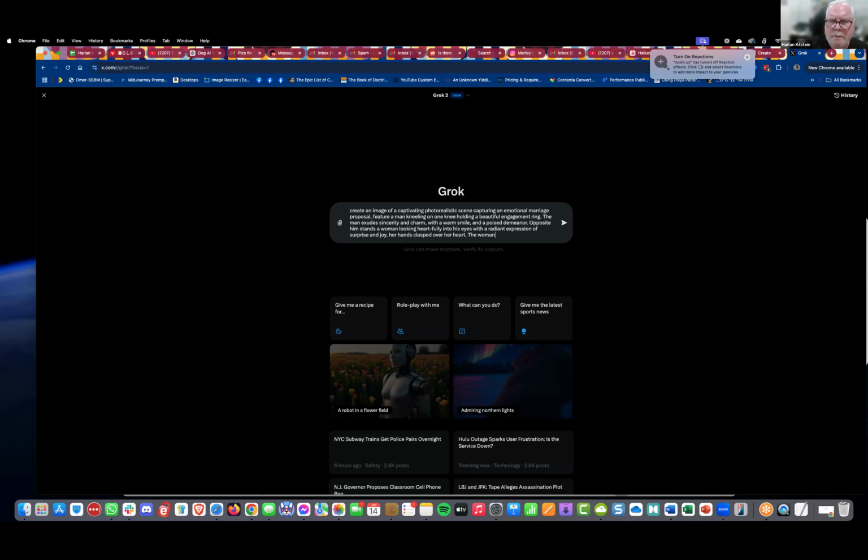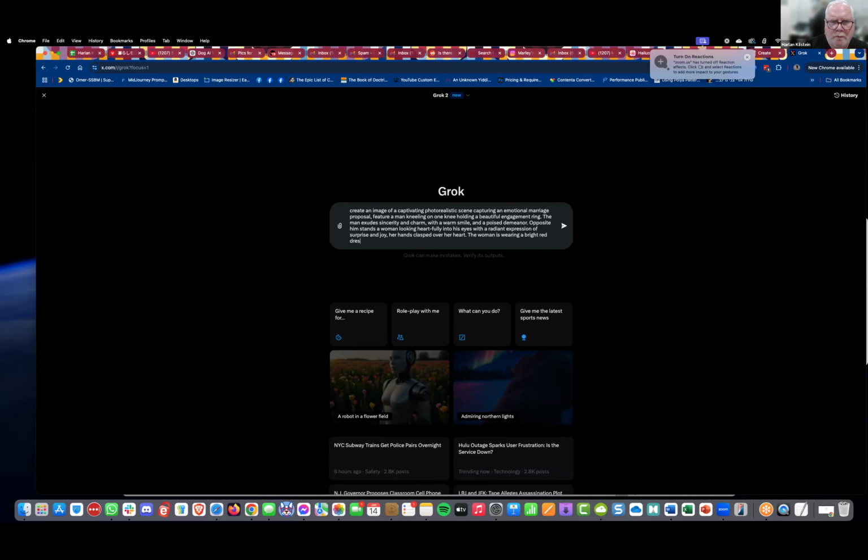The woman is wearing a bright red dress. Okay, let's get the background. What would you like in the background? Keep it similar.